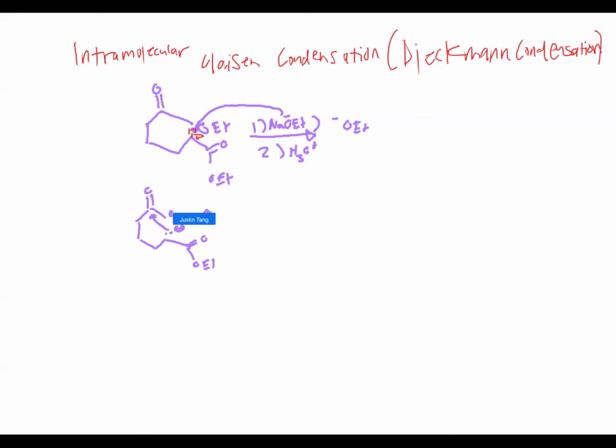That's right. And this has to go up. That's right. The way I like to number is I start my numbering from the attacking atom, and then I end my numbering at the atom being attacked. So we know we're going to make a 5-membered ring.